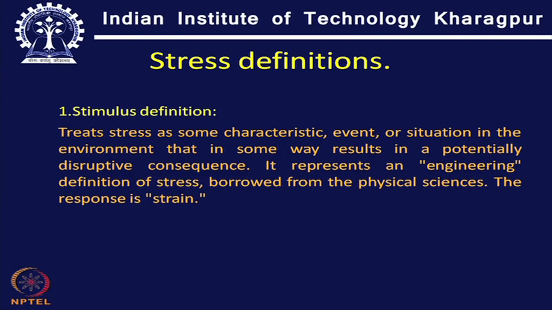So, stress definitions can be classified as the stimulus definition and the response definition. When we are talking of the stimulus definition, we treat stress as a stimulus itself. It is some characteristic or event present in the situation or environment that in some way results in a disruptive consequence.